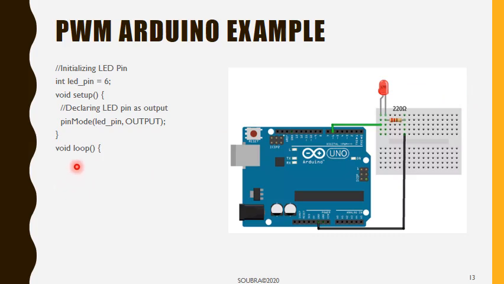In the loop, all I need to do is create some kind of for loop that goes between 0 and 255. Remember, 0 means my duty cycle is 0%, and at 255 my duty cycle is a full 100%. So I'm going to go step by step from 0 all the way up to a full duty cycle.